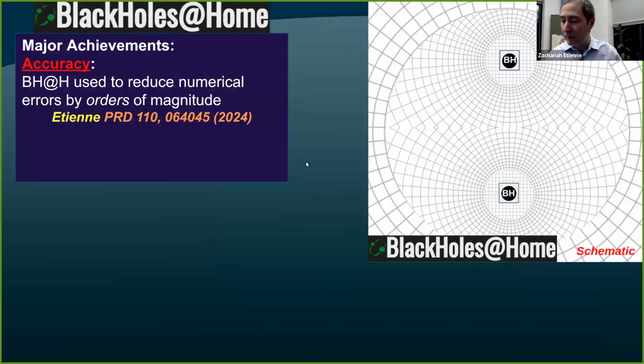So we've accomplished some important science with black holes at home so far. In our first binary black hole catalog that we produced purely for internal purposes, we performed of order 100 binary black hole simulations.